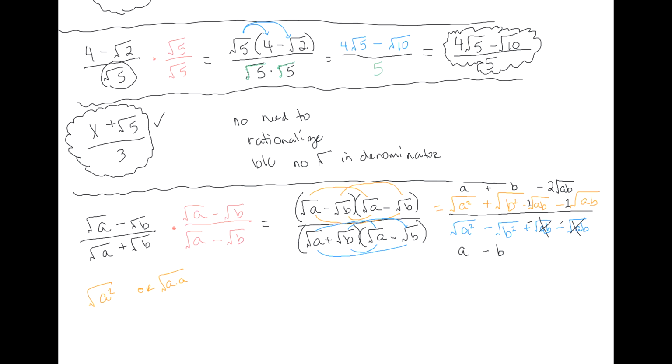I have A plus B minus 2 square root of AB on the top. On the bottom, A minus B. And that's it. Nothing for me to simplify or cancel.